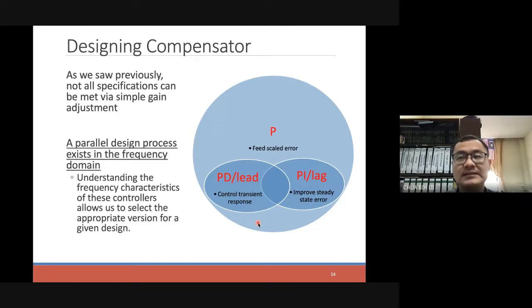about the error, now when we come to the compensator, our compensators, when we design, we have two purposes only, so far. One is to control the transient response, and the second one is to improve the steady state error, right?